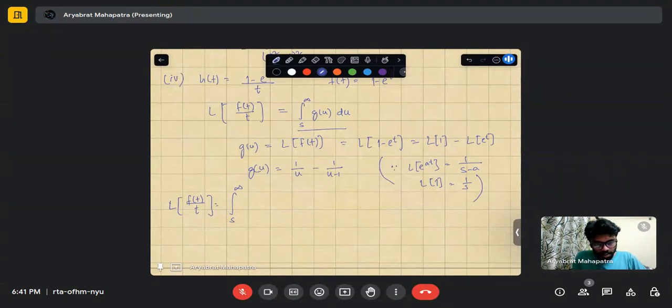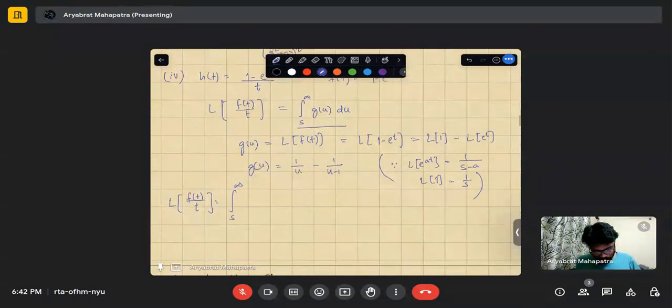I'm just calling it u instead of s because you have to integrate with respect to s. You take some other dummy variable which you will integrate, and after that integration will give you your final Laplace transform variable, that is your s. So that is a bit trivial, nothing intricate.